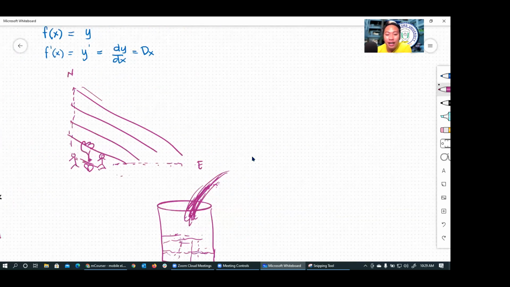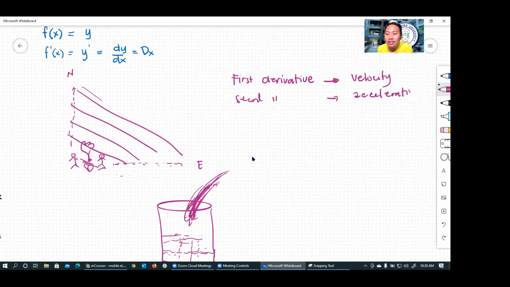And just so you know, guys, this is the relationship of calculus to physics. The first derivative is velocity. The second derivative is acceleration. So what is the second derivative, guys?